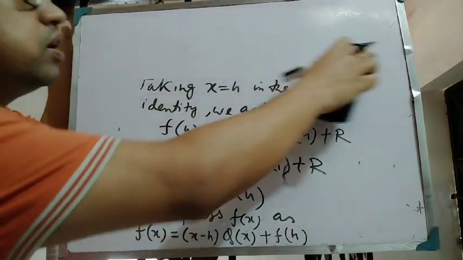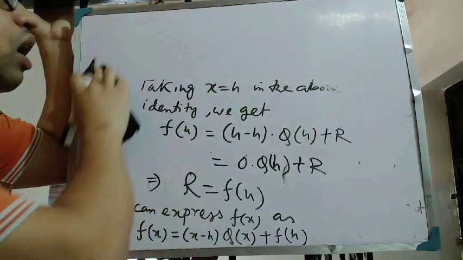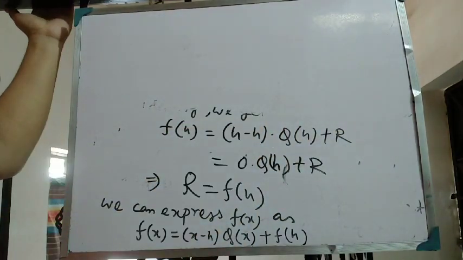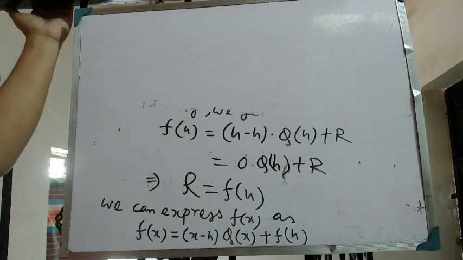That completes the remainder theorem. Now I am going to discuss the factor theorem. You can say that the factor theorem is nothing but the corollary of that theorem.